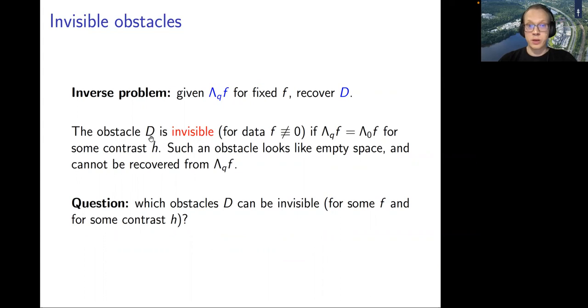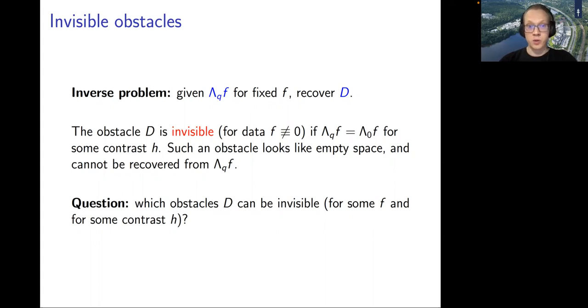So we say that the obstacle D is invisible for the particular choice of Dirichlet data f if Λ_q f is equal to Λ_0 f for some contrast h, where q was equal to h times χ_D, and h was the contrast. So this would be saying that if you have an obstacle like this, then for this particular Dirichlet data f, this obstacle D with this contrast h would look like empty space. And of course, then it cannot be recovered from the knowledge of Λ_q f.